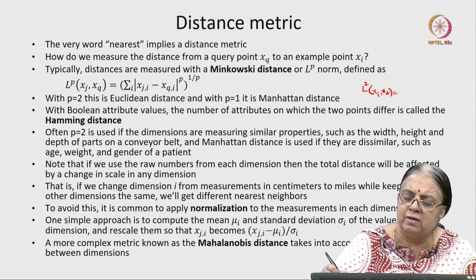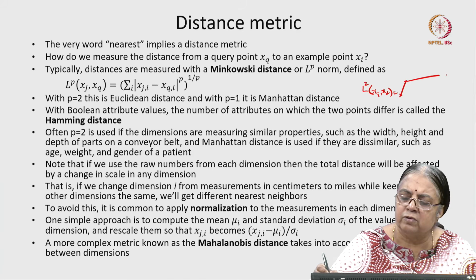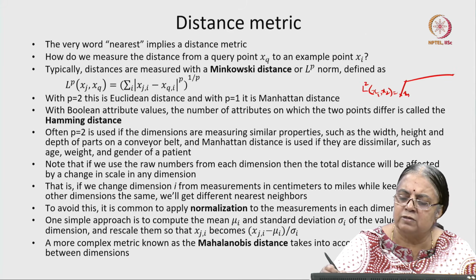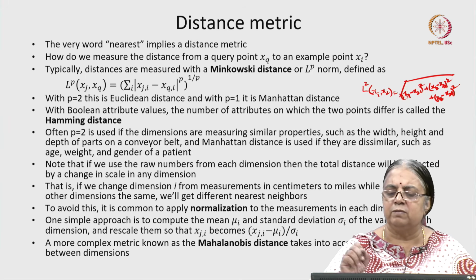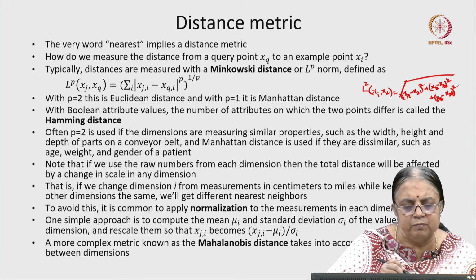Then you are going to get it as the root of (x11 minus x21) the whole square plus (x12 minus x22) the whole square plus (x13 minus x23) the whole square. So, that is the L2 norm.